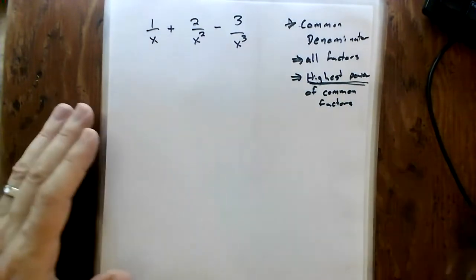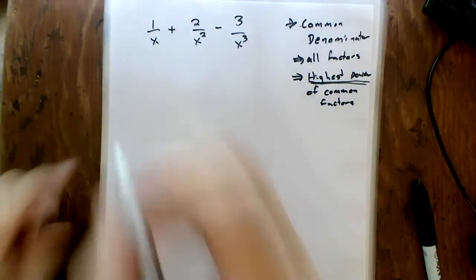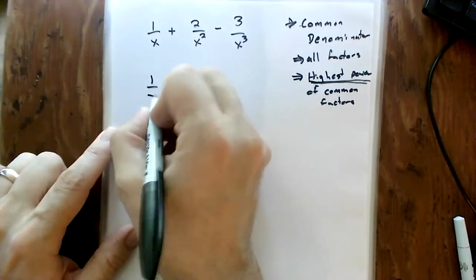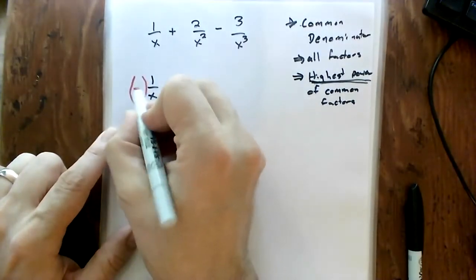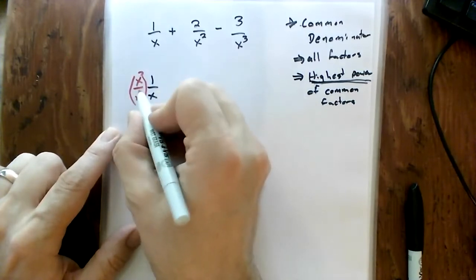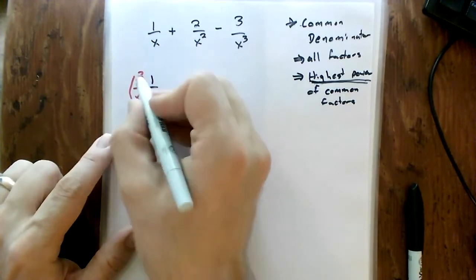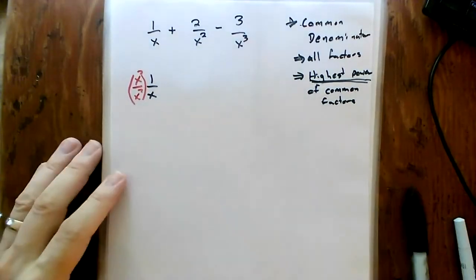So in order to convert this, I'm going to take this 1 over x, and I'm going to multiply this one by x squared over x squared. Now, notice I'm just multiplying by a well-chosen 1. x squared over x squared is equal to 1.